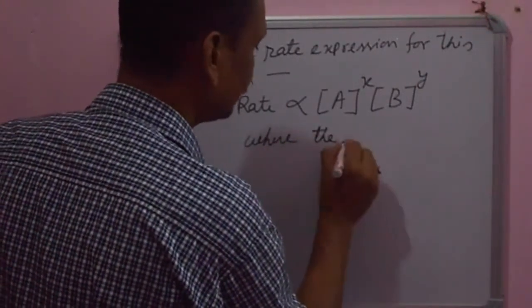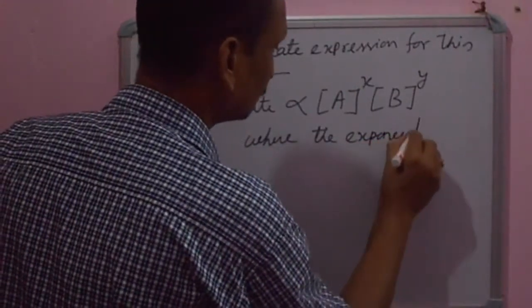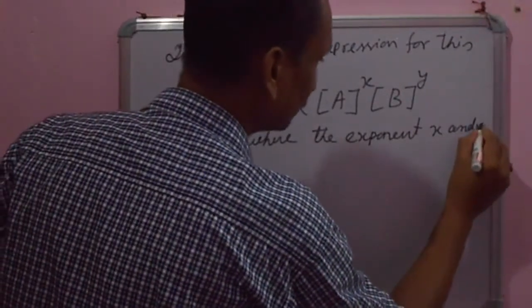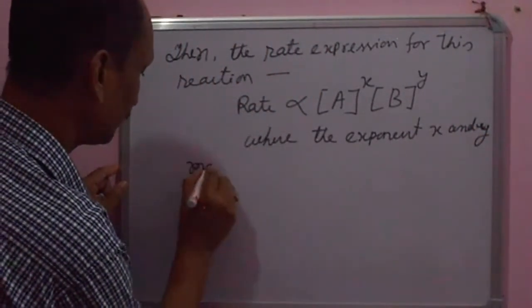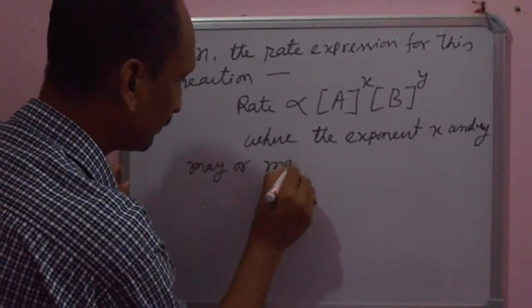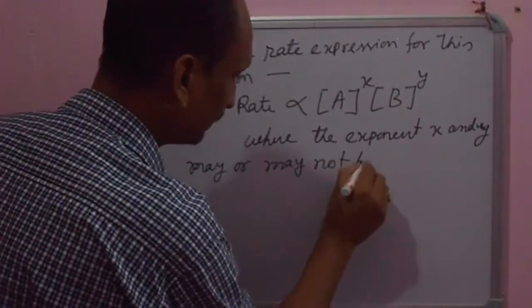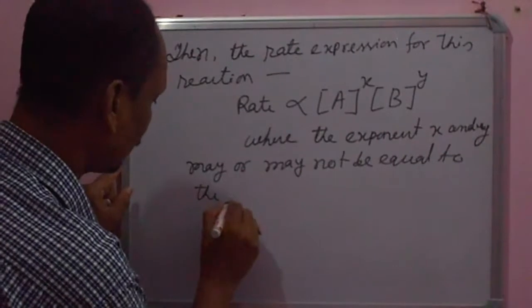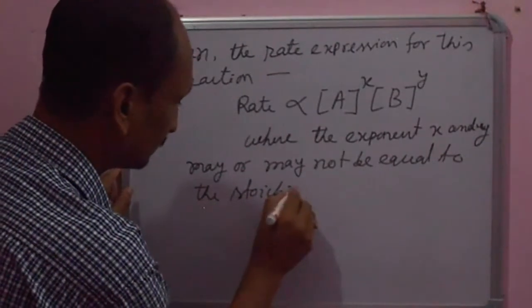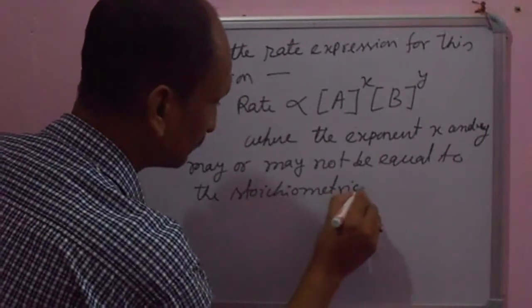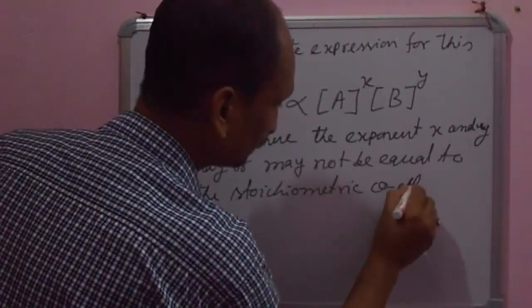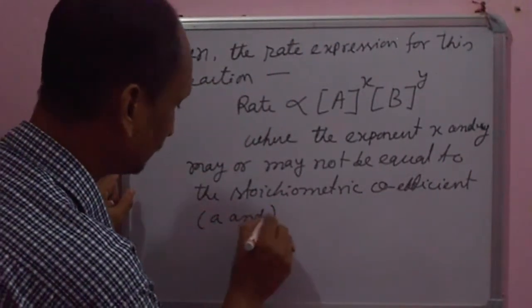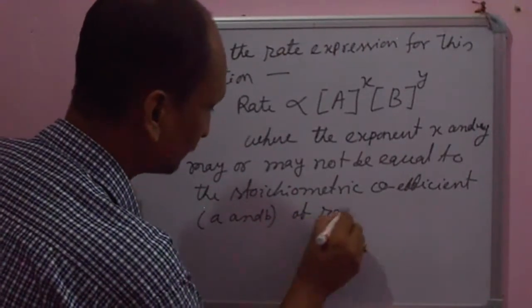the exponents x and y may or may not be equal to the stoichiometric coefficients a and b of reactants.